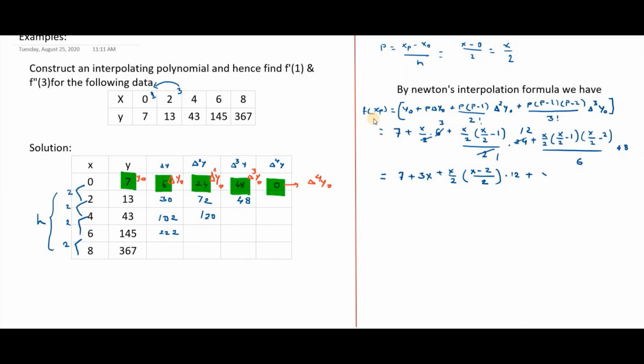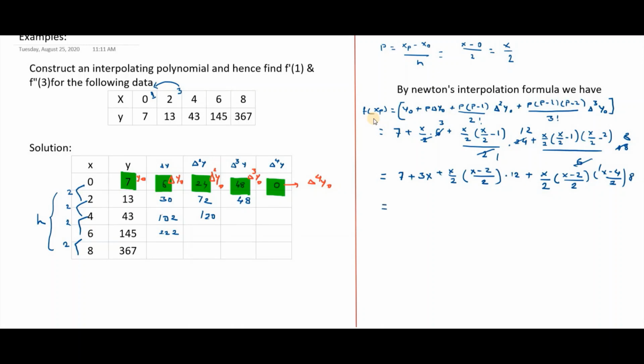Now in last term I will write x by 2 as it is. Next x by 2 minus 1 is x minus 2 divided by 2 you will get. And x minus 2 by 2 is x minus 4 divided by 2. And 6 ones and 6 8s get cancelled. So here you will get 8.